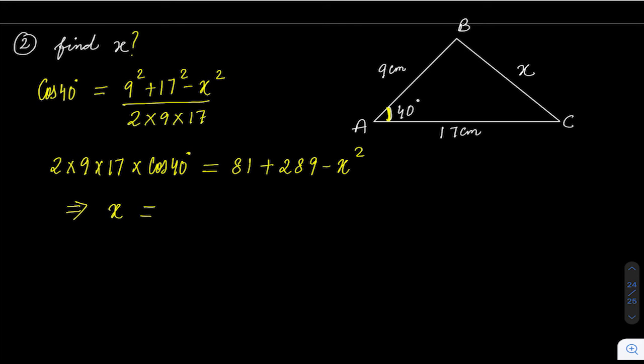And our calculator will give us the value as 11.6 centimeters up to 3 significant figures. So that is my answer. Okay, I hope you understand this, because sometimes instead of ABC you can have any vertex. So I remember it like this, the side containing the angle and so on.